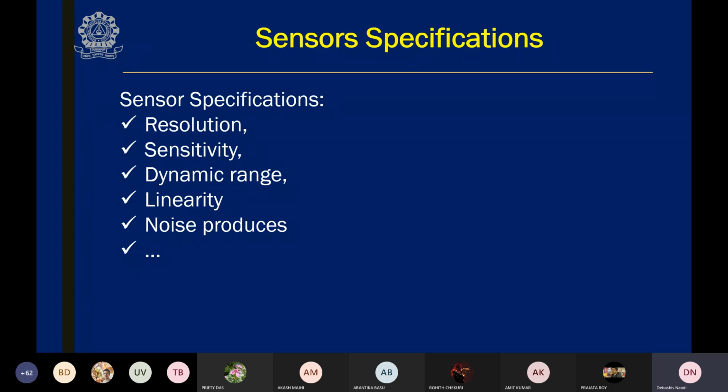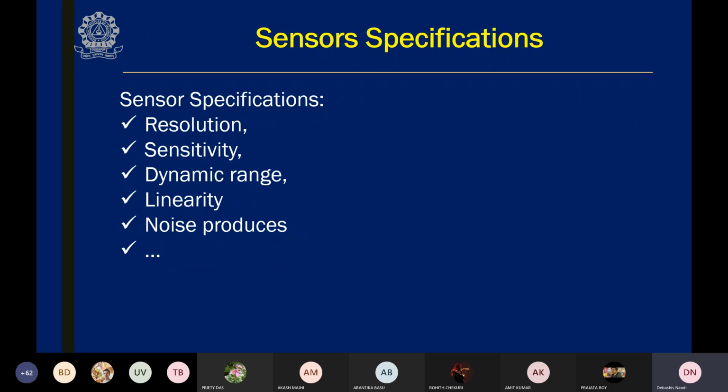So for small change, actually dynamic range depends on the constant terms. In case of a linear relationship between input and output, I told you y is equal to mx is a linear relationship. If the value of m is high, then the dynamic range will be large.